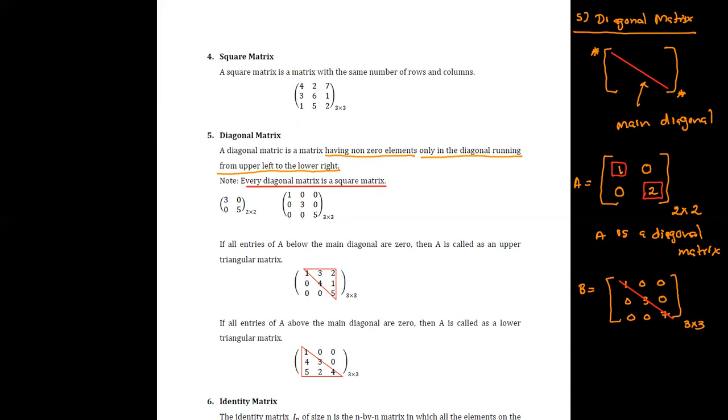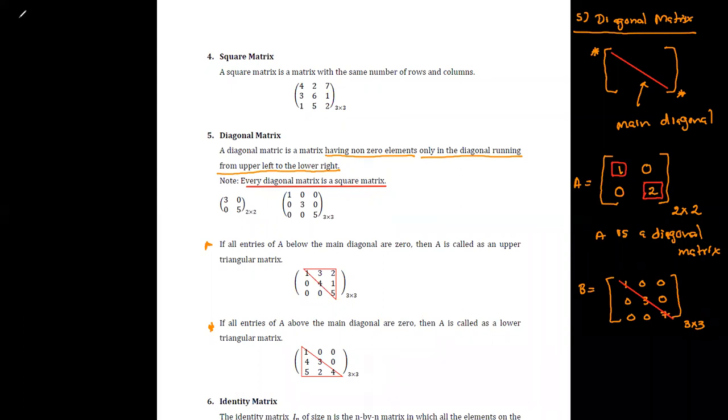Before defining these, first we need to check whether it is a diagonal matrix. First we need to identify this diagonal matrix. Using this concept, we can identify the upper triangular and lower triangular matrix.